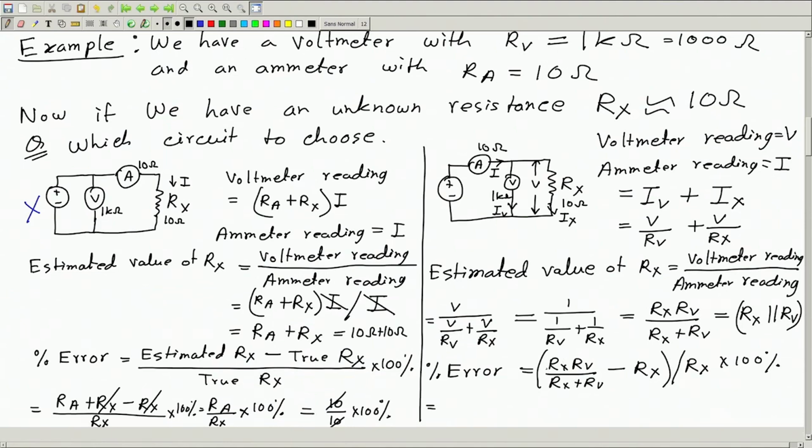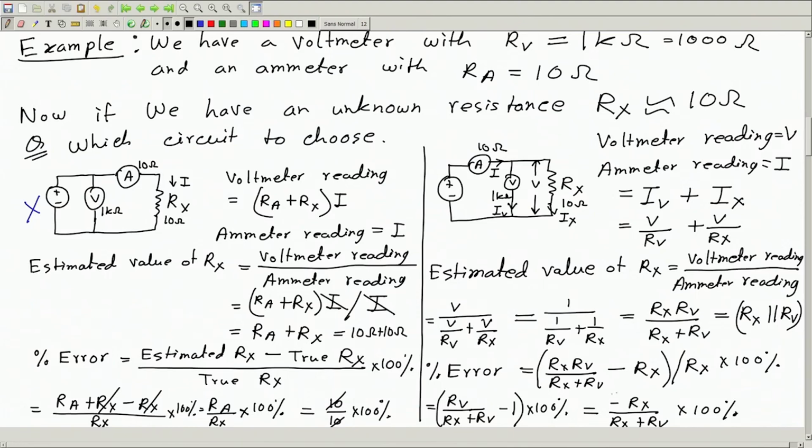So Rx you can cancel, and if you simplify it will be RV by Rx plus RV minus 1, into 100%, and this will become minus Rx by Rx plus RV into 100%.